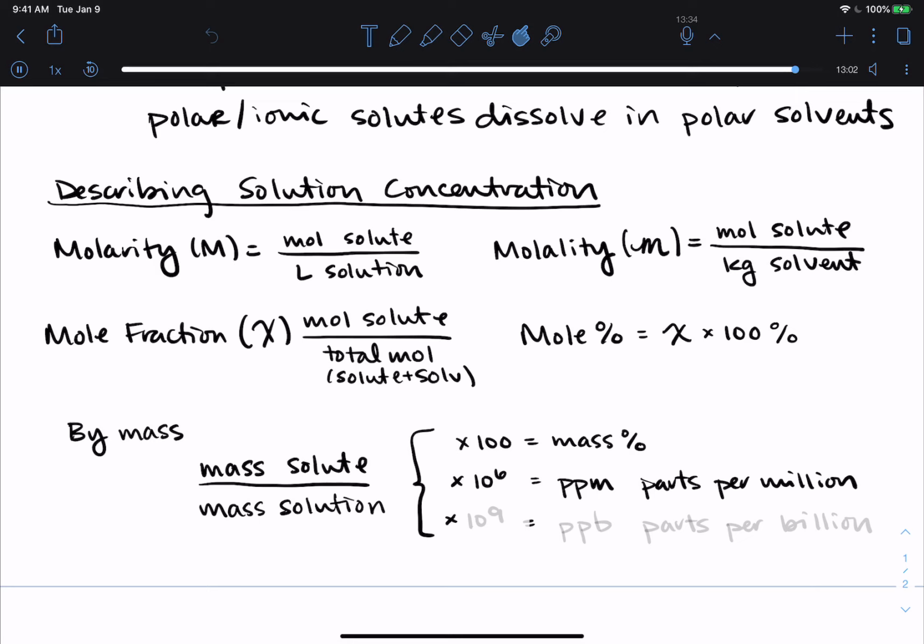And if we do times 10 to the 9th, you get something called ppb, which is parts per billion. You will see a lot of things like pollution measured in parts per million or parts per billion, because we're looking at hopefully very low concentrations of something in solution, and we tend to talk about air as the solvent in this case.